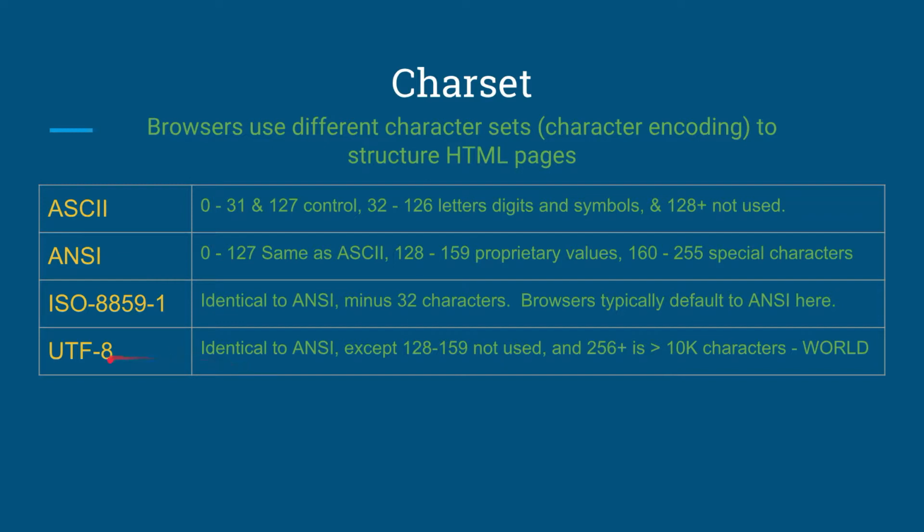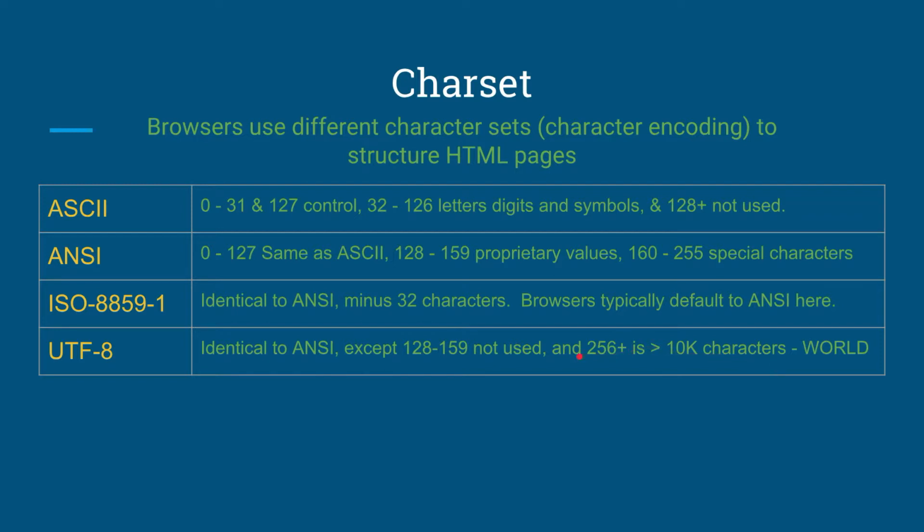And finally, UTF-8 is identical to ANSI, except those proprietary values are not used at all, so those characters are not used in UTF-8, but 256 and above use more than 10,000 characters to cover every worldwide character that you could possibly think of.